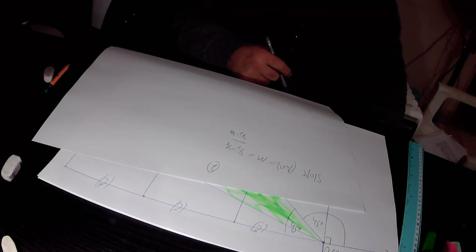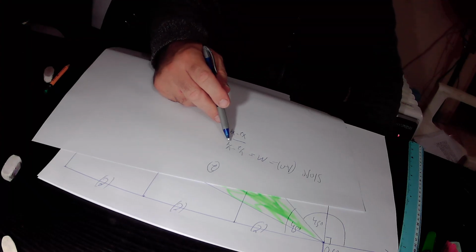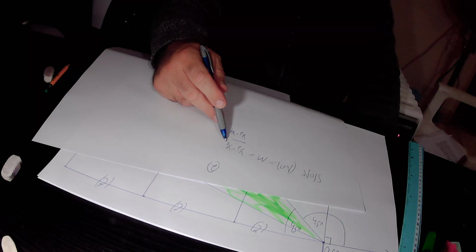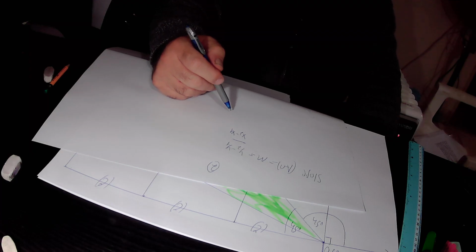What is a slope? A slope of a straight line measures its steepness and direction, and it is calculated by the vertical change, that is y2 minus y1, over the horizontal change, that is x2 minus x1.